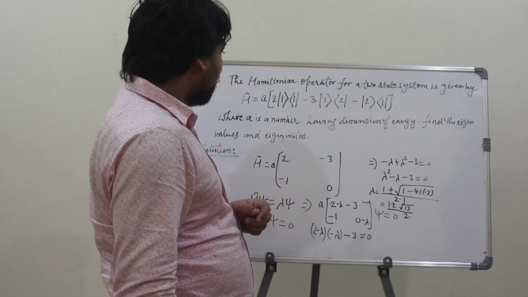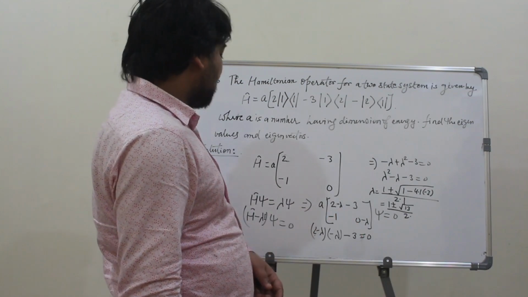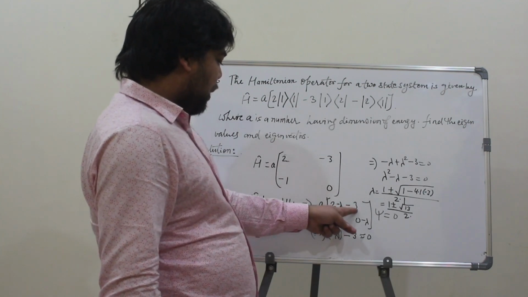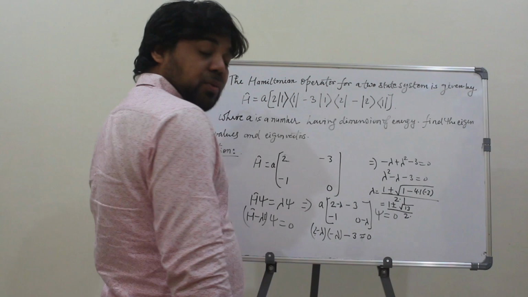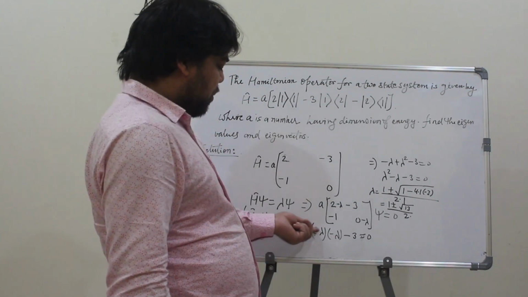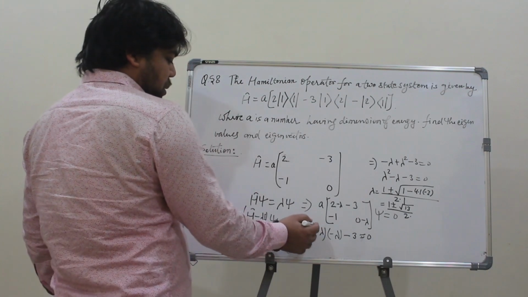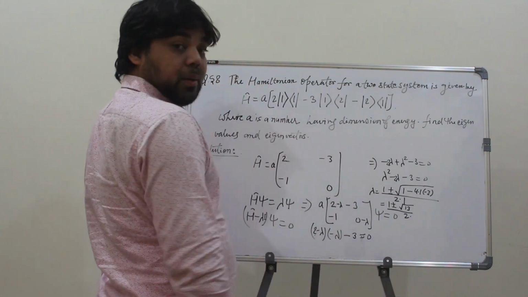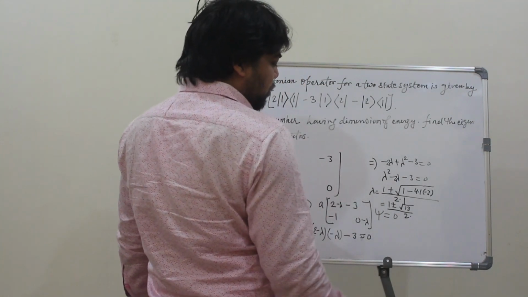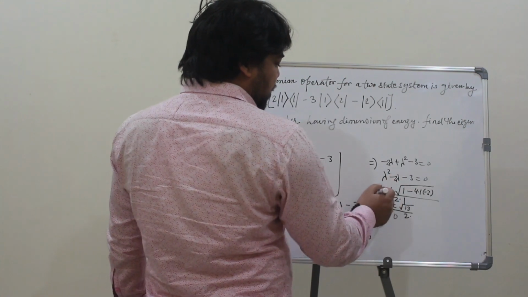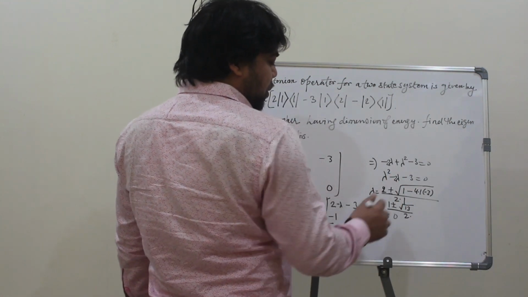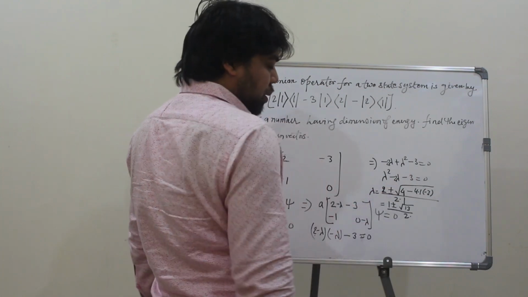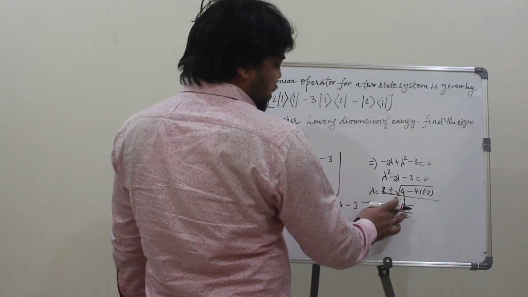So 2 minus lambda and then 0 minus lambda, minus 1. Expanding, we get lambda square minus 2 lambda, minus 1. So here b will be minus 2, and b square will be 4, right? So 4 plus this will be 16.